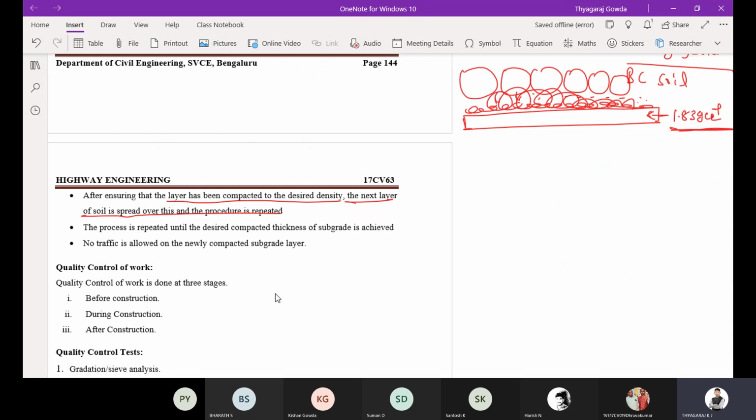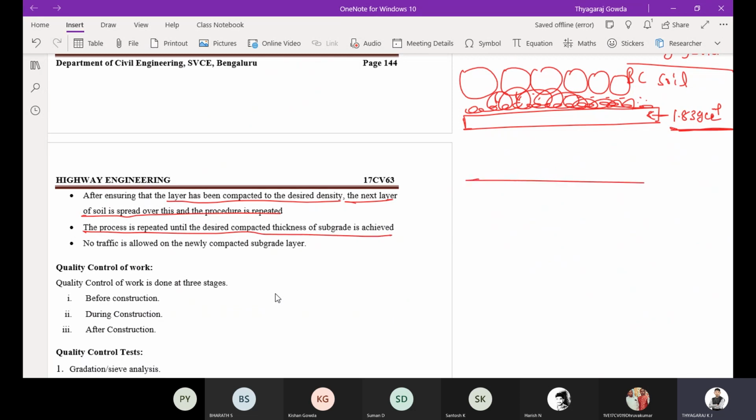After achieving the density, the process is repeated. That is, again you lay the soil in loose condition to the required grade and thickness, adding the moisture content, and then compact it. Then the process is repeated until the desired compacted thickness of subgrade is achieved.